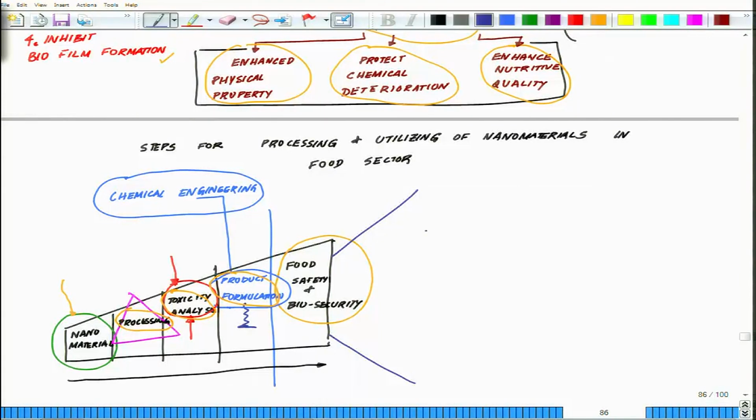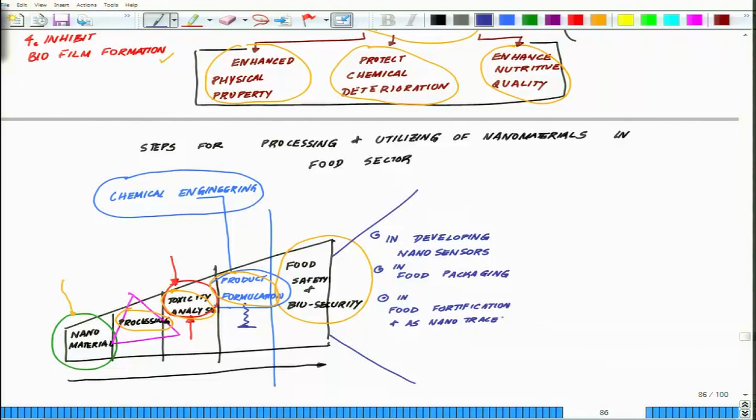So, the areas include developing nanosensors for food applications, one critical area for food processing, in food packaging, and in food fortification and as nano tracers.